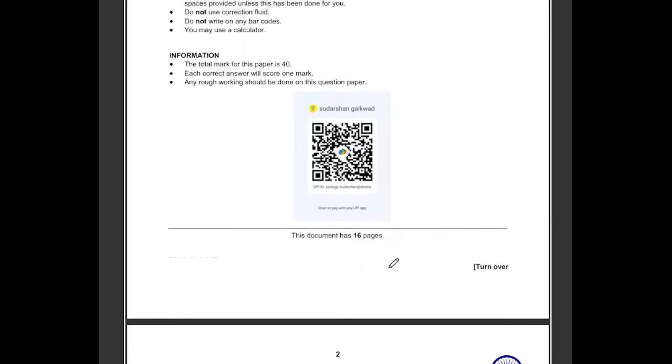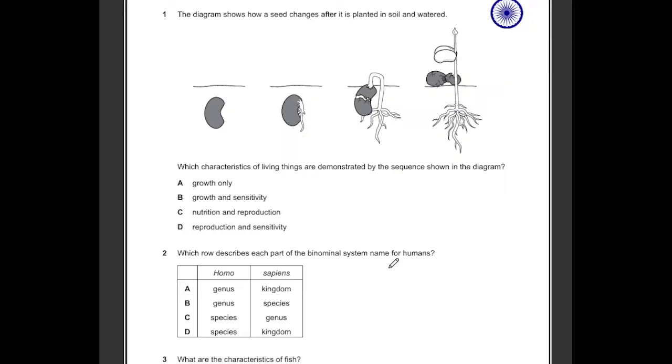Okay, so let's see what we have in question 1. Now please remember, this is the core paper. The diagram shows how a seed changes after it is planted in soil and watered. This is a keyword: a seed planted in soil and regularly watered.